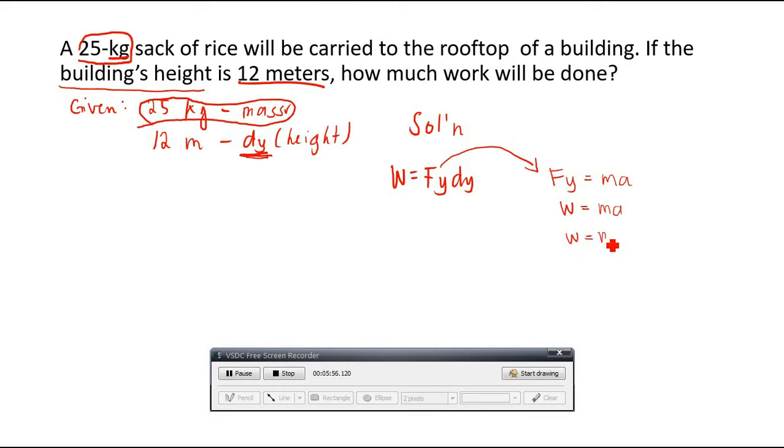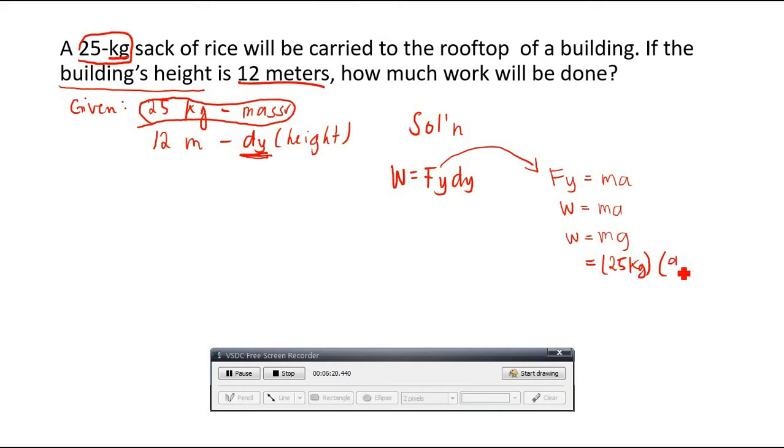Like our first problem, Fy is your weight. So weight will be W is equal to mass times acceleration. But since weight is influenced by gravity, you can say weight is equal to mass times, instead of using a, you can use g, which means acceleration due to gravity, because gravity is influencing your weight.